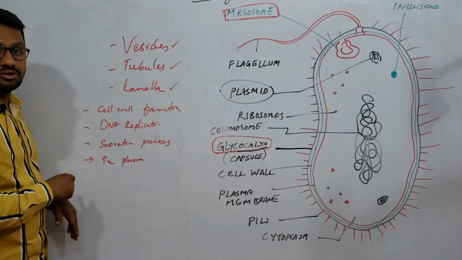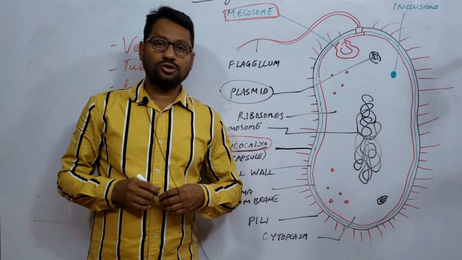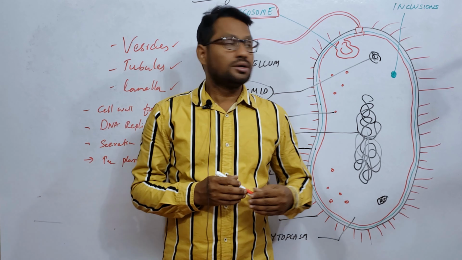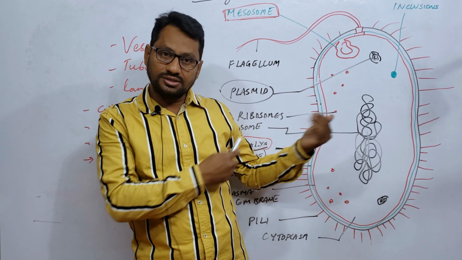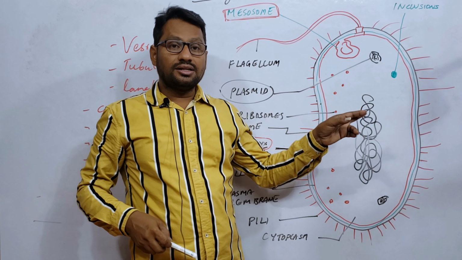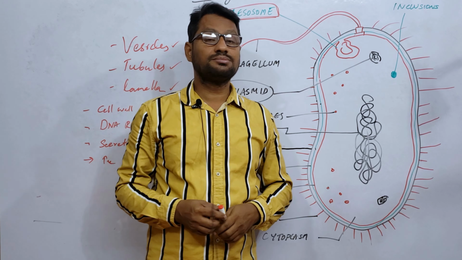And it also helps in cell respiration. In certain bacteria like cyanobacteria, they too have membranous structures like infoldings of the plasma membrane, which are called chromatophores, which contain pigments in them.